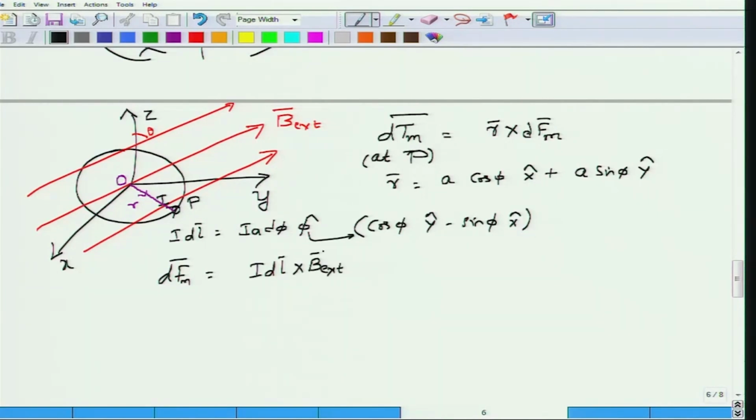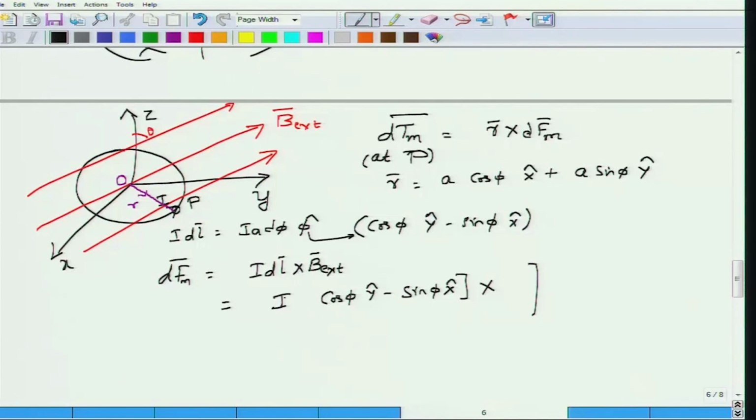B is the external uniform magnetic field that we have applied, and IDL we have already written as IA cos phi y hat minus sin phi x hat, cross d phi will be constant, so that I am going to write down later.